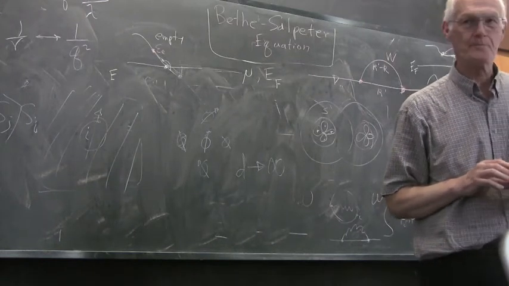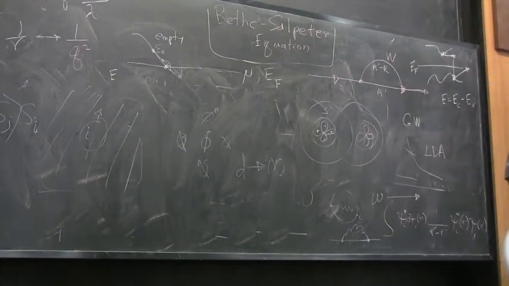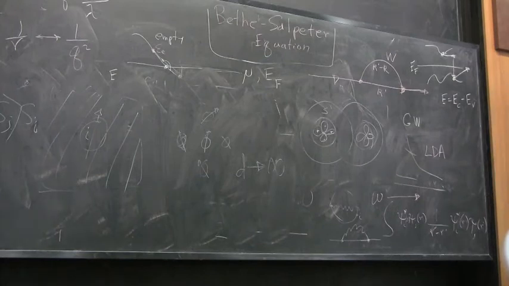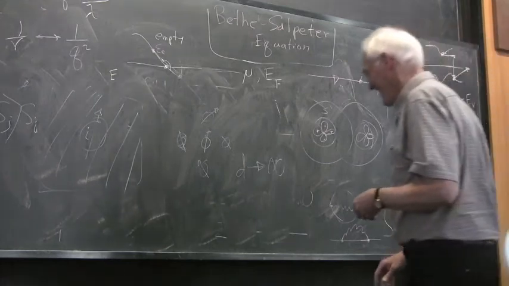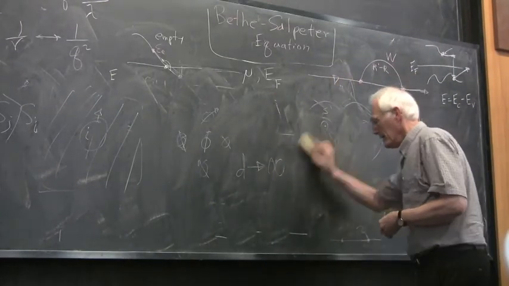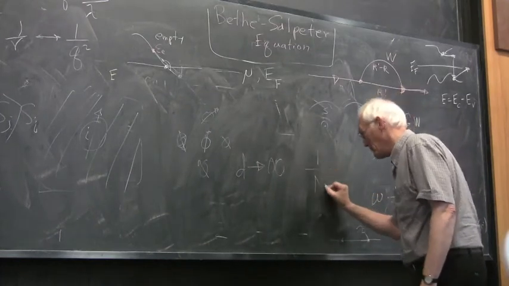Okay. Is 12 closer to 1 or infinity? Depends on how you look at it. There's also a nice tradition in theory that considers things as a function of 1 over the number of nearest neighbors.